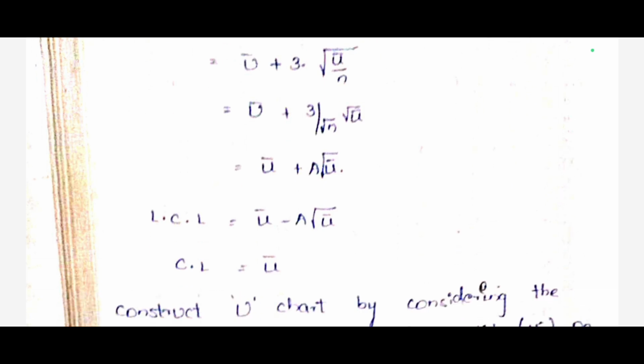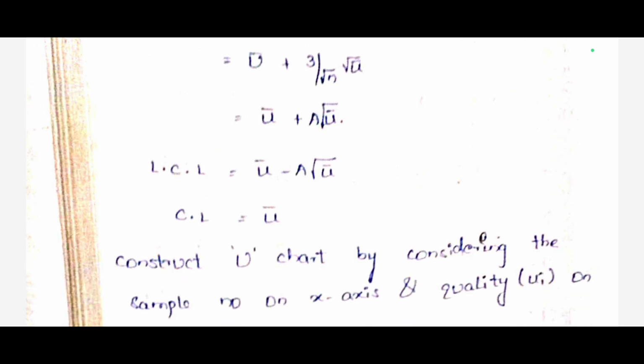Therefore the 3 sigma control limits are: UCL is equal to U bar plus 3 into under root of U bar divided by n. So 3 divided by root n gives you the capital A value, that is, UCL is U bar plus A into under root of U bar, LCL is U bar minus A into under root of U bar, and CL is U bar.